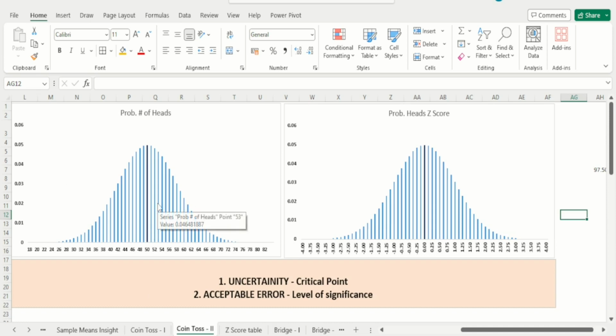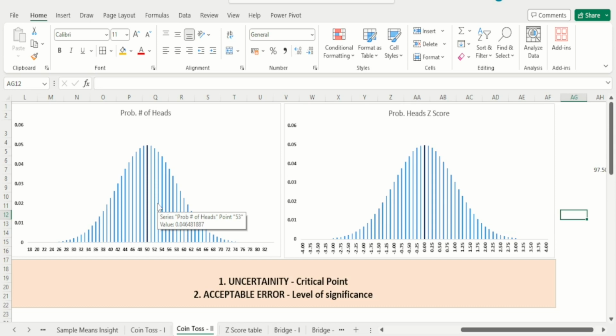Now the same thing can be represented in terms of z-scores. If you recall from one of our previous videos, what exactly is a z-score? A z-score is nothing but seeing how far a data point is from the mean, represented in terms of standard deviations. Is it 1 standard deviation away? Is it 2 standard deviations away?